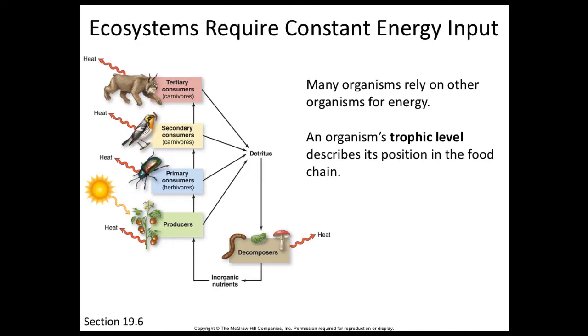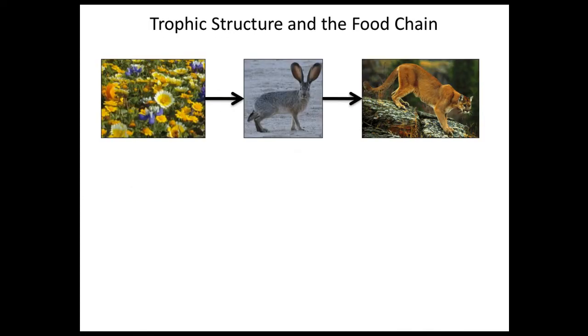Many organisms rely on other organisms for energy. An organism's trophic level describes its position in the food chain. The term trophic means nutrition. Here's a very simplified food chain of organisms that live around the College of San Mateo campus.